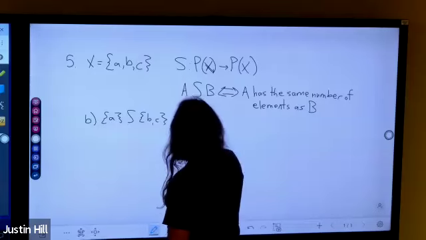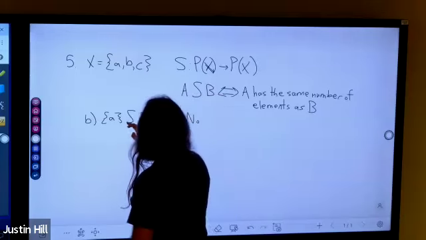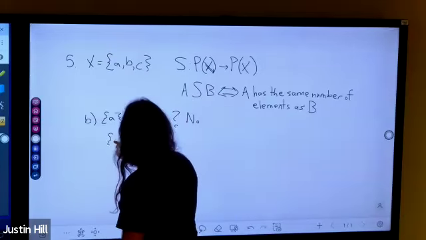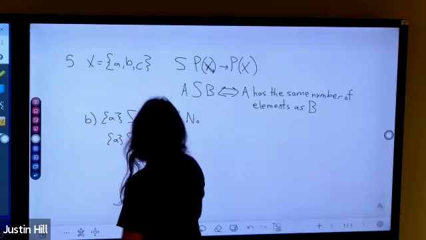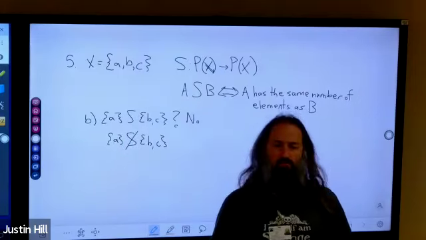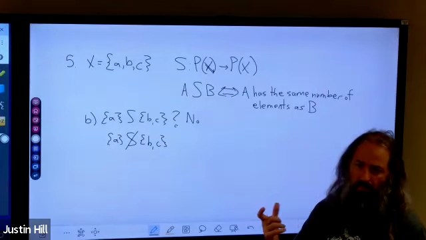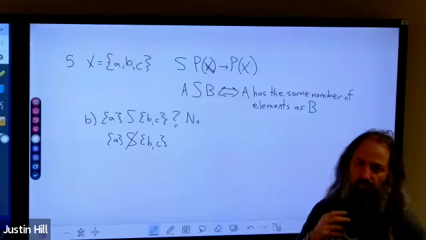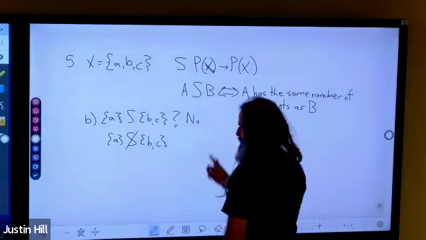So to answer this, you could say no. You could also put a slash through it. So another way to answer this is you could say A is not related to B, comma C, kind of like we say an element is not in a set, with the slash that we've been using for a lot of those cases where we need to say not in. Or you could just say no.